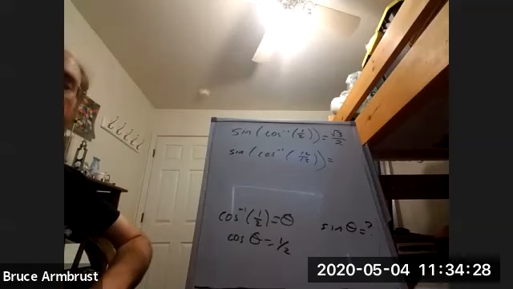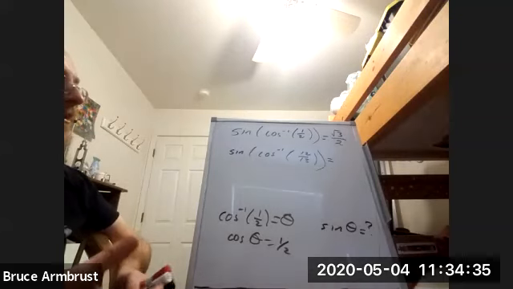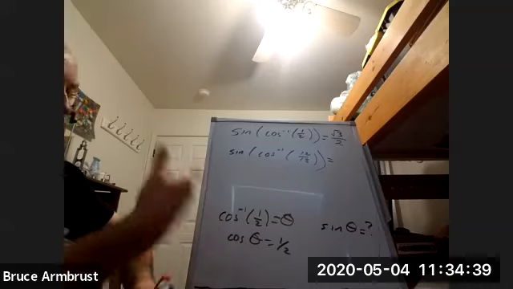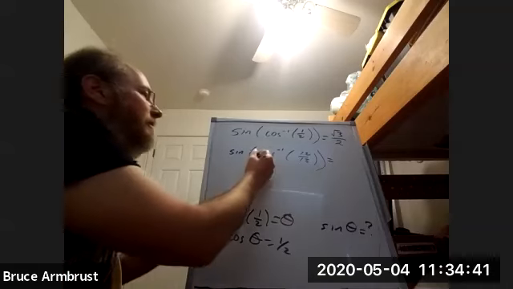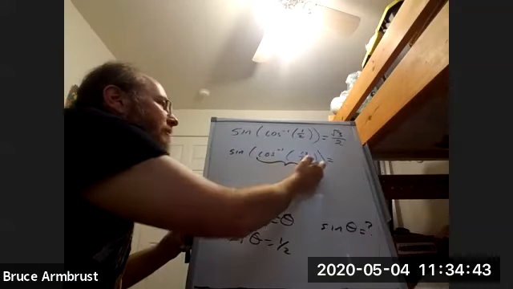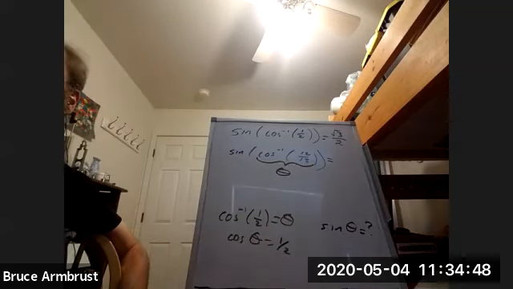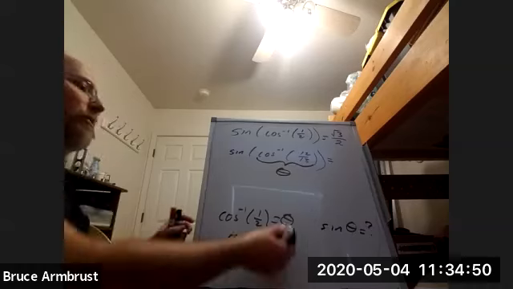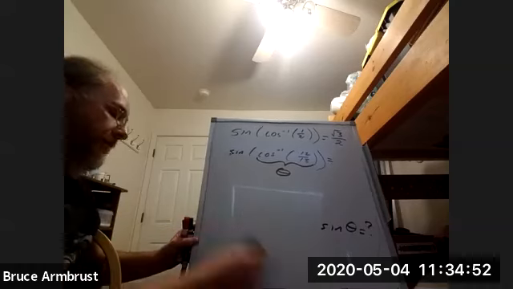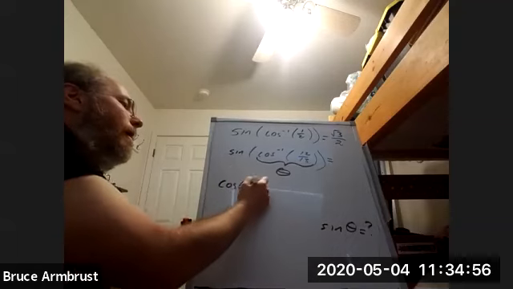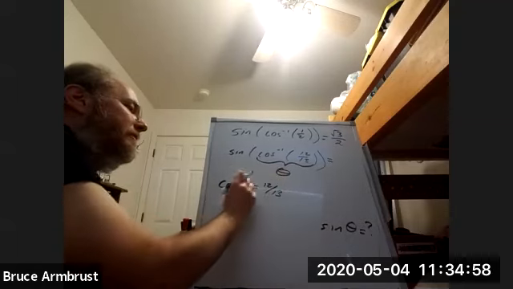All right, so what do we do now then? Well, we still follow the same deal. Think about what we did before. We were saying that the inside of this, the cosine inverse of 12/13, that's some angle. I just don't know what it is right now. But what I do know about it is that its cosine is 12/13.